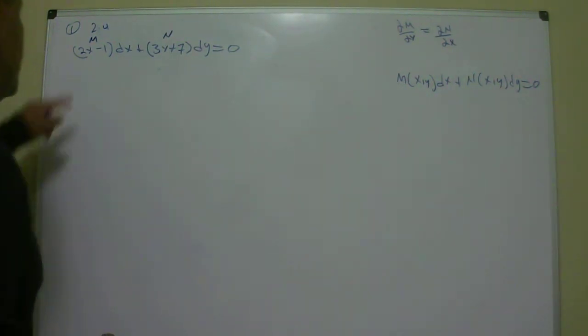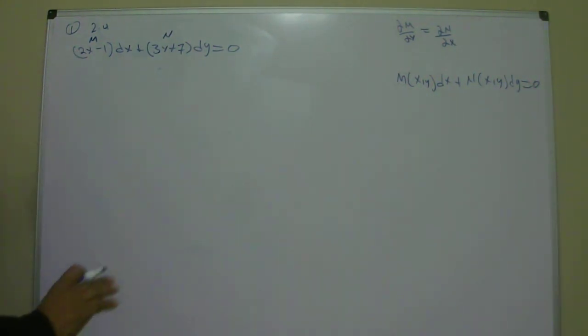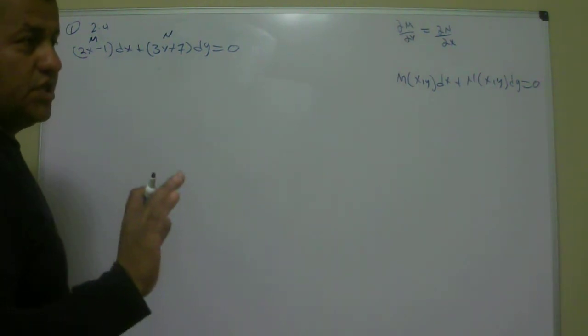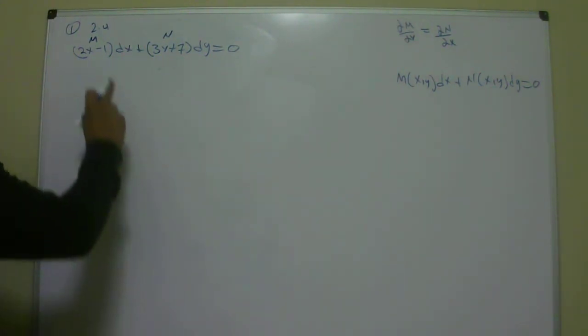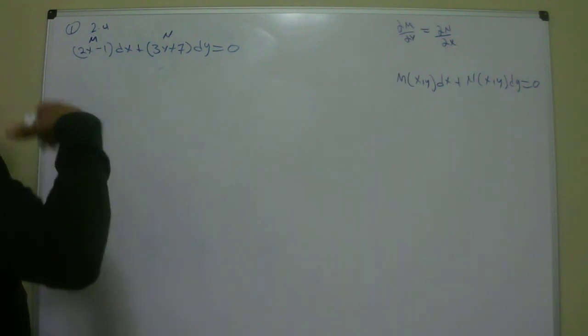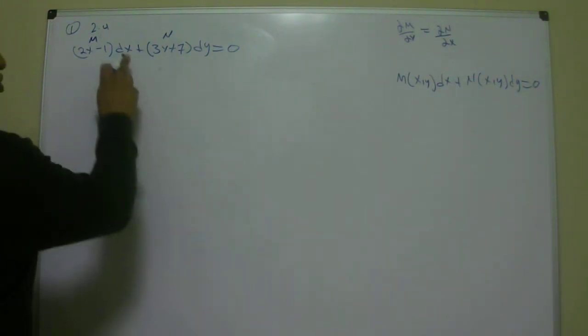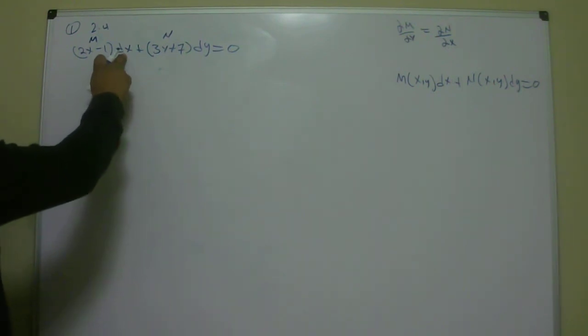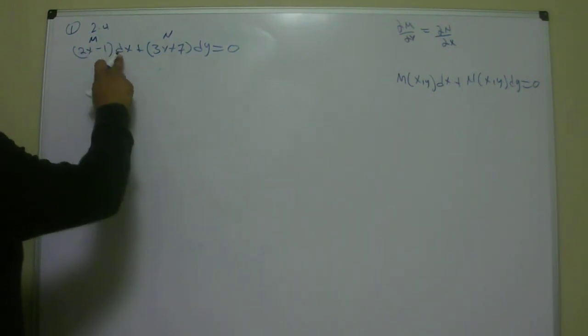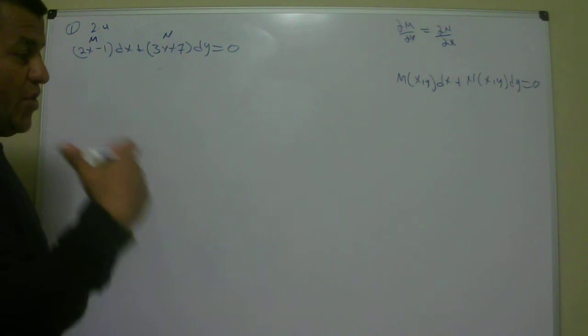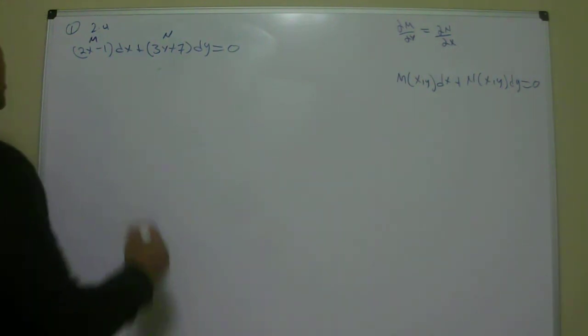So first we are going to do the partial derivative of M, but actually we do it with respect to y, because we do it the opposite. If we have the M with the dx right here, we're doing the partial derivative with respect to y.